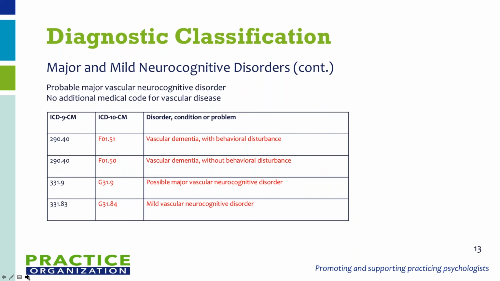Now here's the vascular dementia. In probable major vascular neurocognitive disorder, there is no additional metacode for a vascular disease. So if there is a vascular problem, you do not need to have a parent condition. Or in other words, you don't have to emphasize cerebrovascular disease and then F01.51 or G31.9.